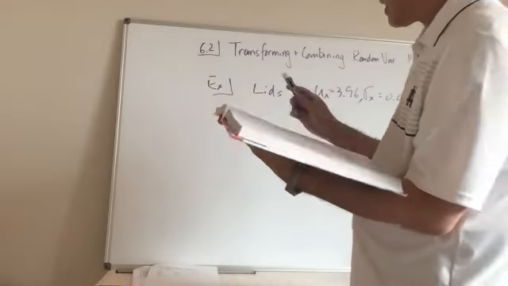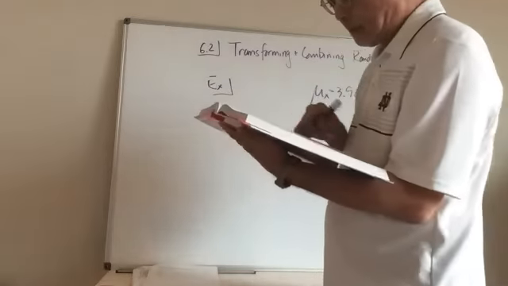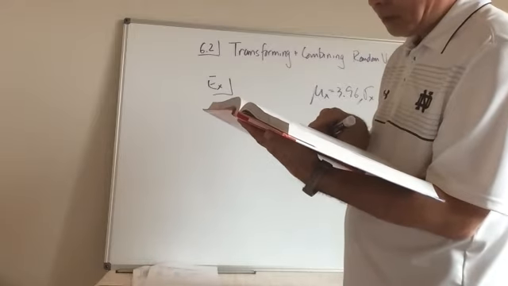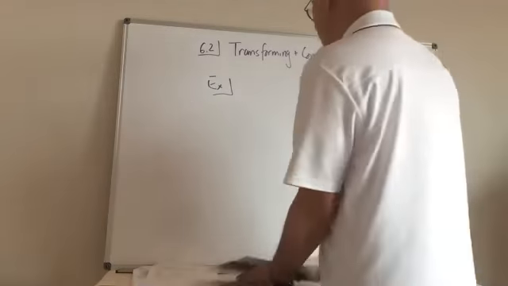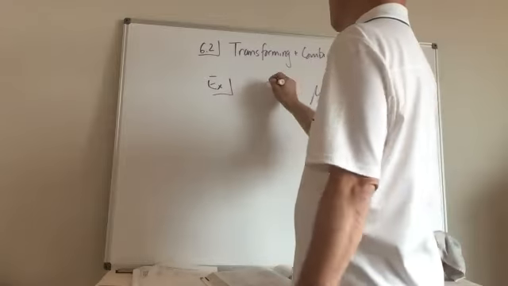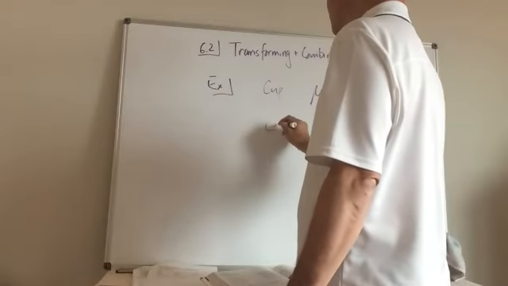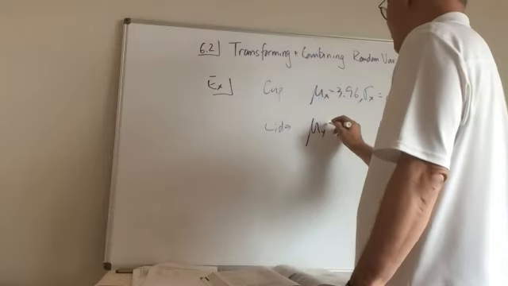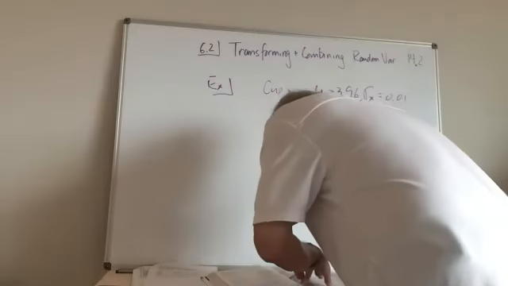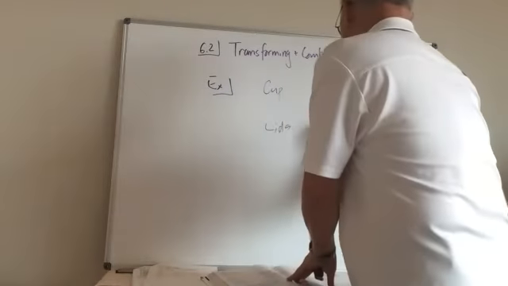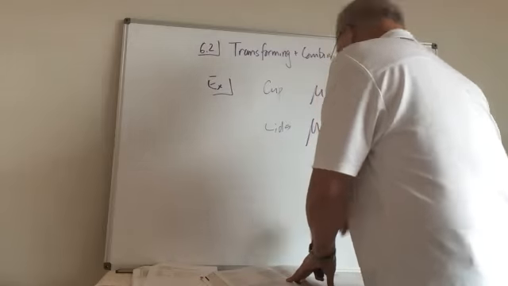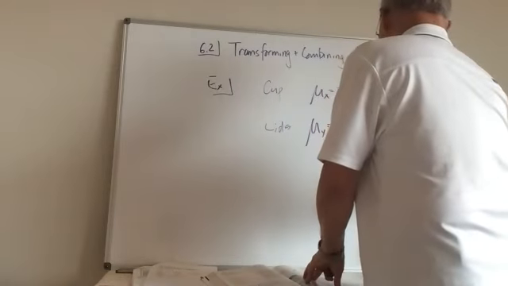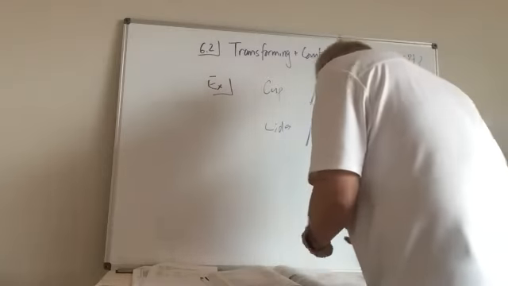So wait a minute, this is not the lids, this is the cups. So the first one we talked about were the cups. Now we're going to talk about the lids. The lids, we'll call it Y. The mu is 3.98, and then the standard deviation of Y is equal to 0.02.